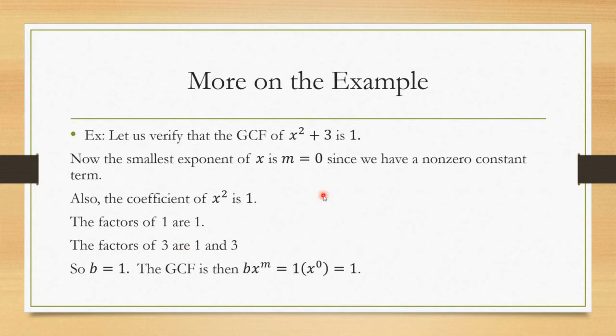So again, since this coefficient is 1, that tells you B, the greatest common factor of the coefficients and the constant, is 1. So we get B has to be 1, and the GCF of this thing is 1.